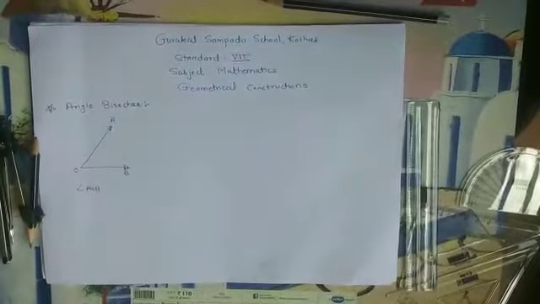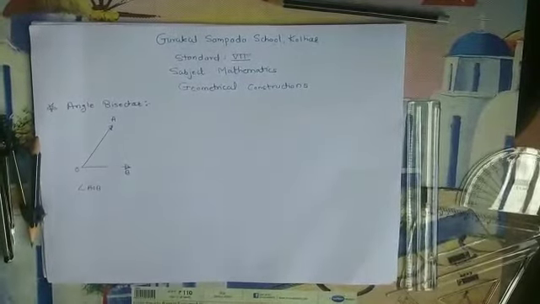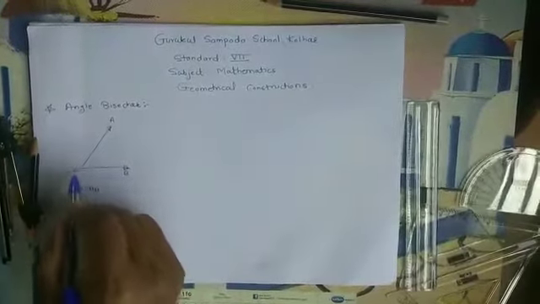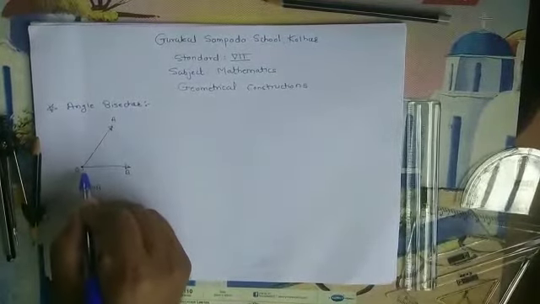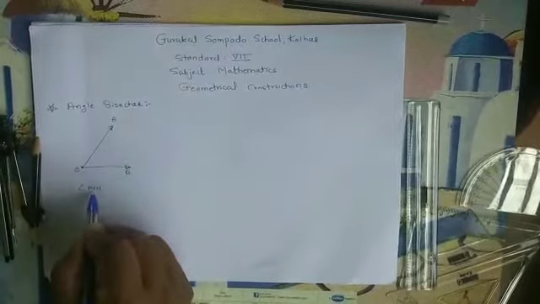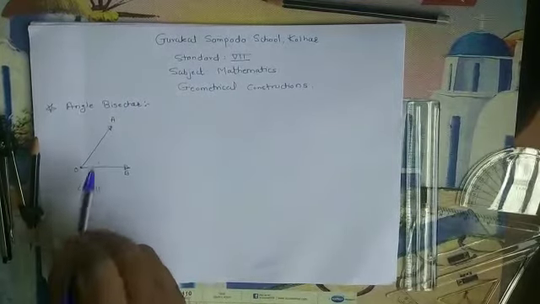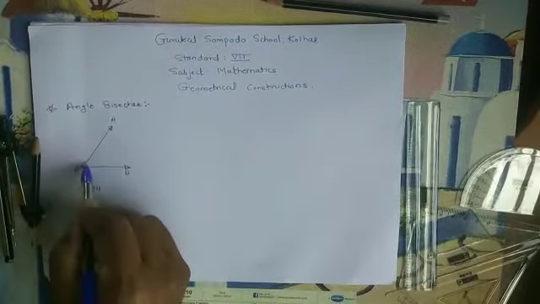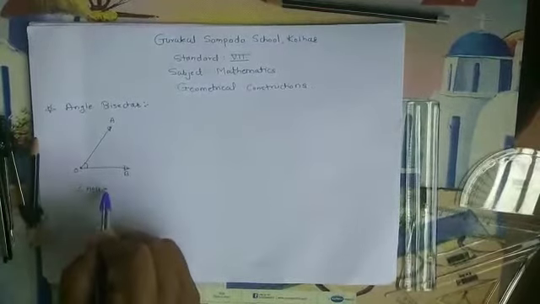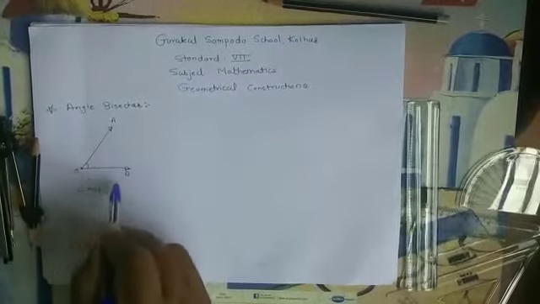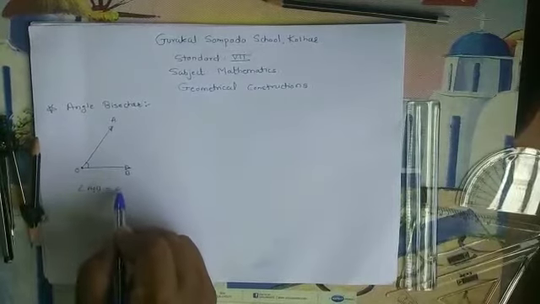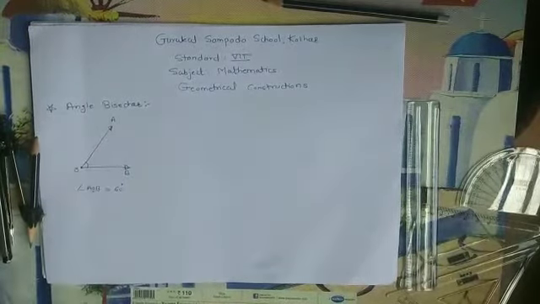In this angle AOB, always remember the angle is read at the vertex, and that point always comes at the center. Here the vertex is O, so this is angle AOB. Suppose we consider the angle AOB as 60 degrees.